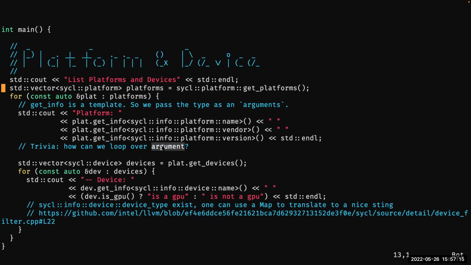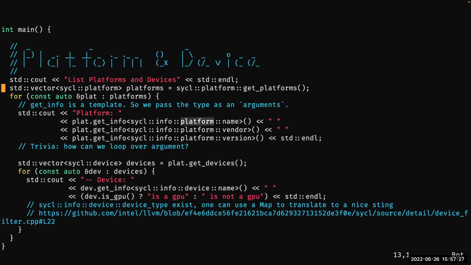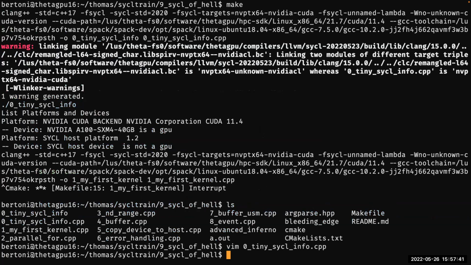If you're a real C++ guru, one day you can tell me how I can replace copy pasting get info and create a loop. That means, how can I store types inside an array? I'm not smart enough to figure out how to do it. But really C++, and after from the platform, you can get the device, and same thing, you can ask some information. So really C++, nice, pretty terse. Then you see if I run, I have that.